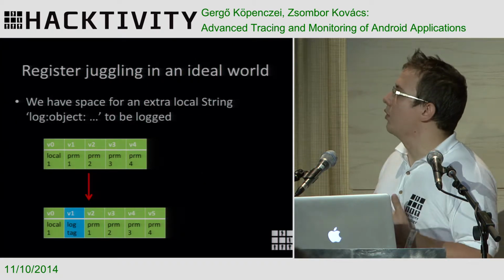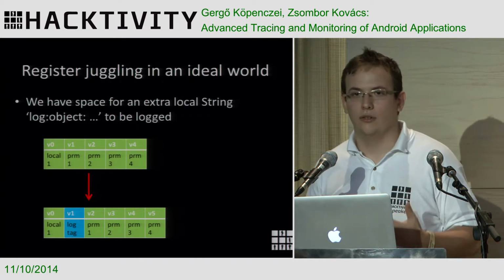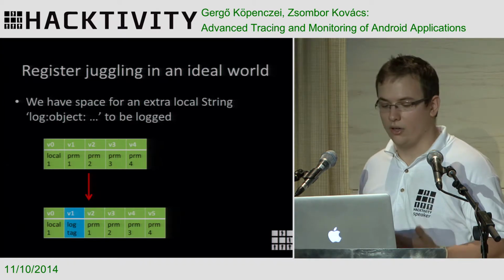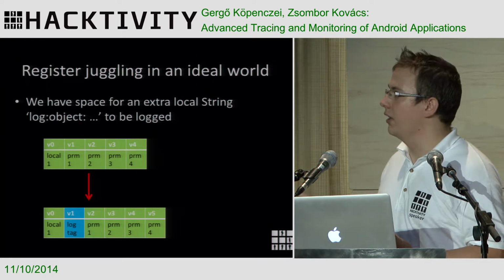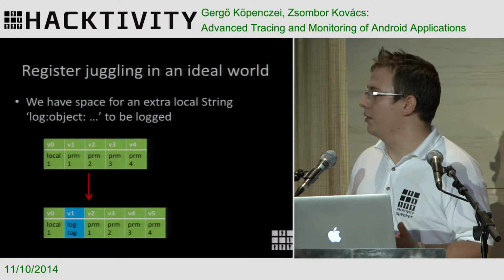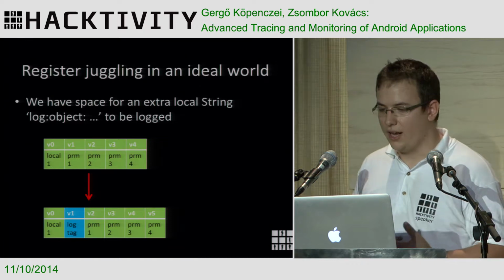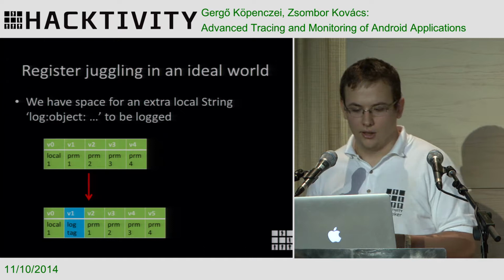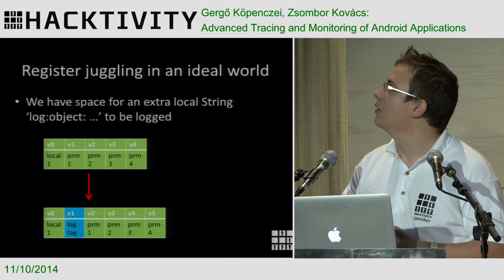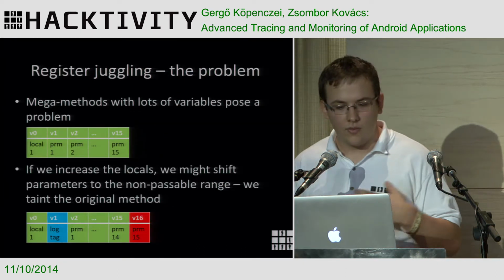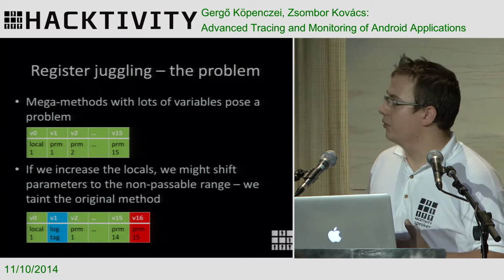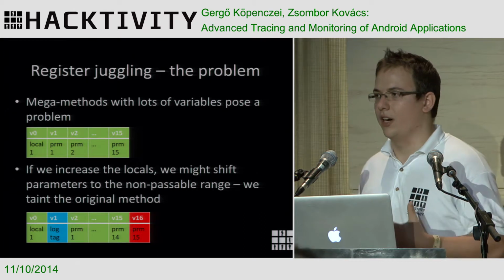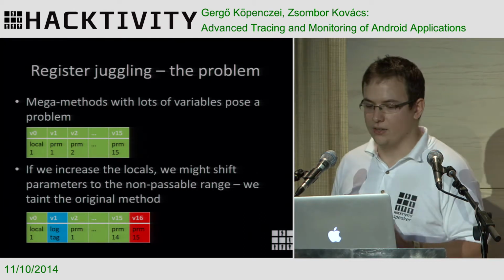Okay, so in an ideal world, we would have enough space for another local register. So we just increase the .locals line, and that's all. We can use that as a temporary storage for the log tag, and everything is peachy. But we don't live in an ideal world. Otherwise, there would be no obfuscation at all. So in a lot of cases, we cannot increase the local variables because we might shift some register from the green zone to the red zone.